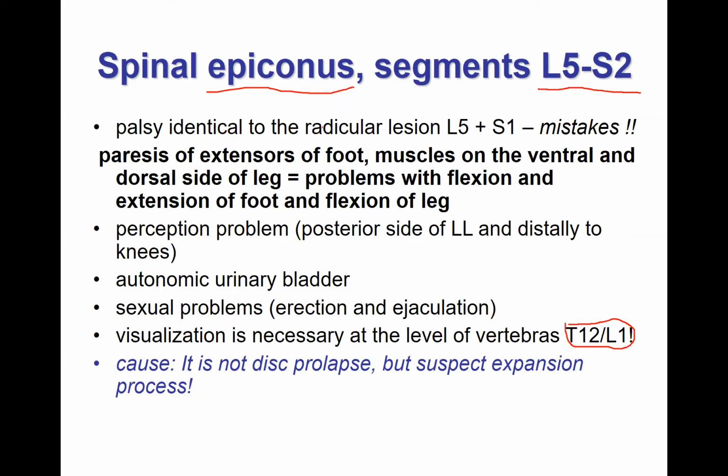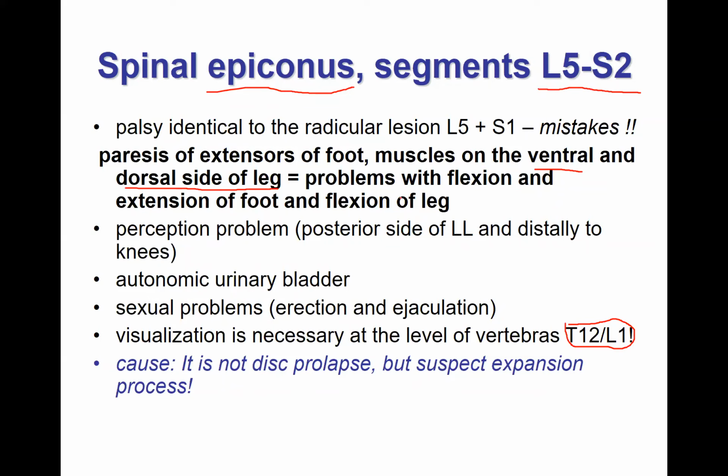It can be identical to a radicular lesion, that means to the problems with the roots of the spinal nerves. But when it's epiconus, it's symmetrical. And you can see that what the sciatic nerve innervates mainly are muscles of the ventral and dorsal side of the leg. So extensors and flexors of the foot.